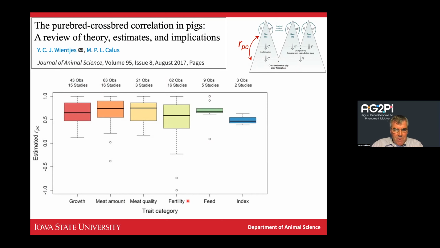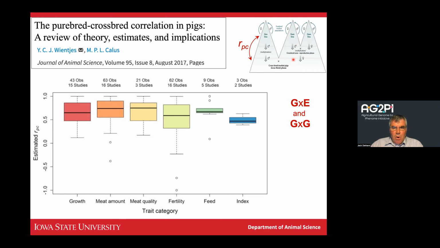And for different traits, quite a range of estimates, many of them being substantially less than 1. And especially fertility here, so that's on the maternal side, the average correlation being 0.6, which means that if you select on performance in the nucleus, only 60% of that is transferred to the commercial level.